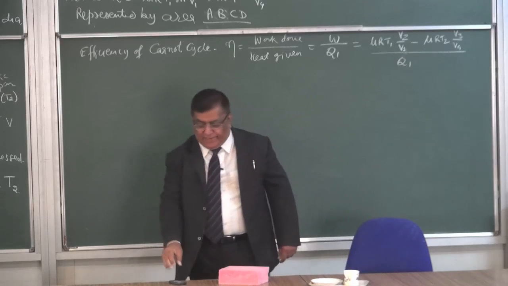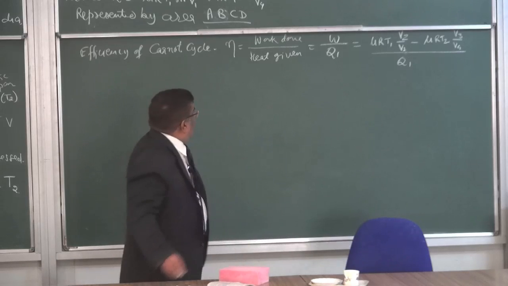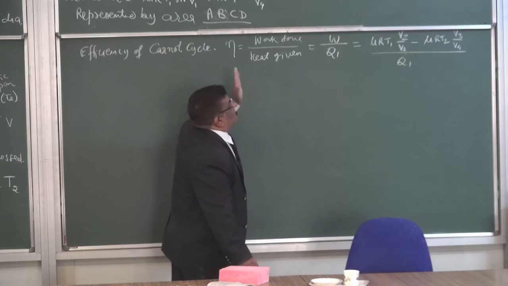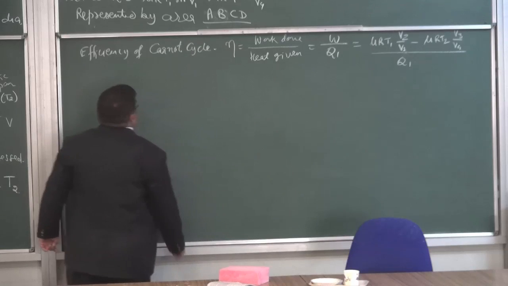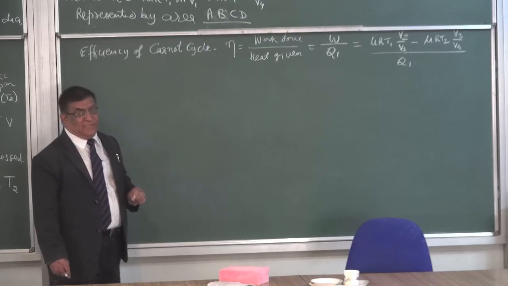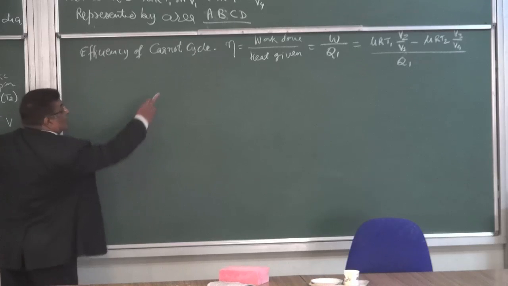Okay, now this again we can simplify. Q1 is the heat taken in the first step, the isothermal process. So that was the heat taken, Q1.